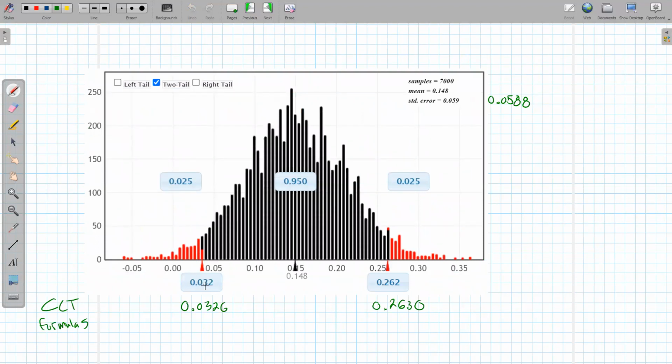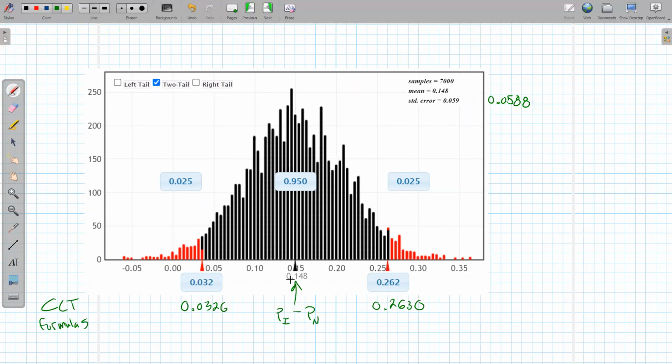And StatKey said that the difference in proportions here, so this is our middle, this is our estimate of the actual proportion of people in ICU with an infection who died minus the people without an infection who died. So again, a difference in proportions. So this says on average, about 14.8% more people with an infection die than people without. Right, that's what we call a point estimate.